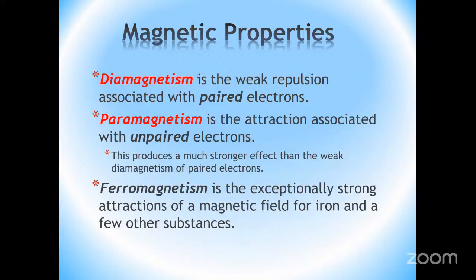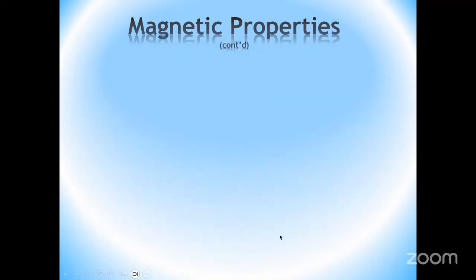And then you have ferromagnetism, which is an exceptionally strong attraction of a magnetic field for iron and a few other substances. The main ones we'll be concerned with are diamagnetism and paramagnetism. Diamagnetism is the repulsion due to pairs of electrons in the electronic structure, and paramagnetism is the attraction, not so weak actually, associated with structures that have unpaired electrons.